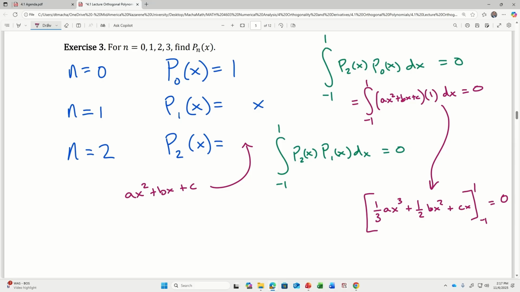So if I plug in +1 and I plug in -1, the odd powers of x are going to cancel each other out. And the even powers of x are going to be essentially doubled. So this is going to be b equals 0, right? Does everyone agree?